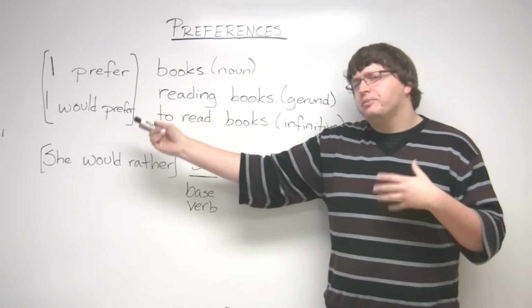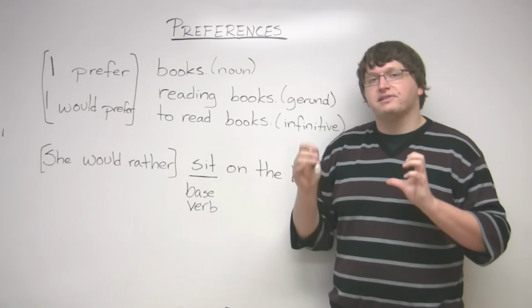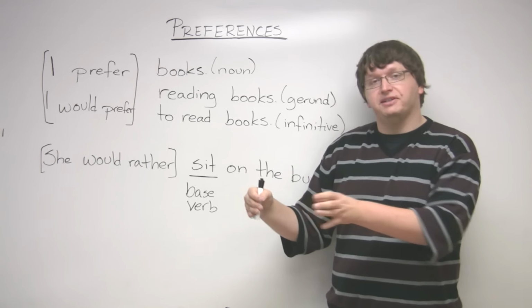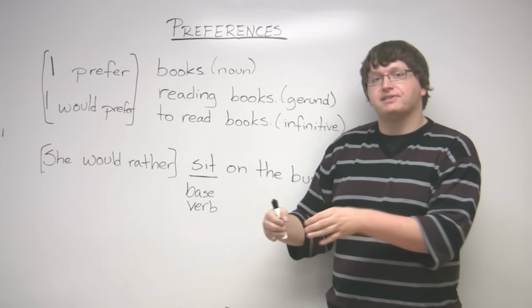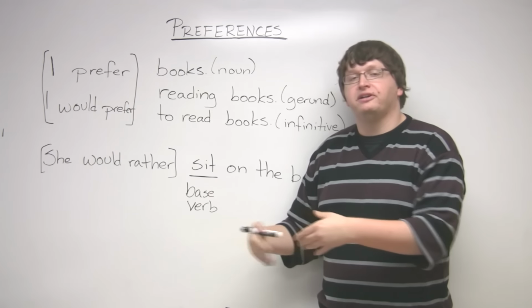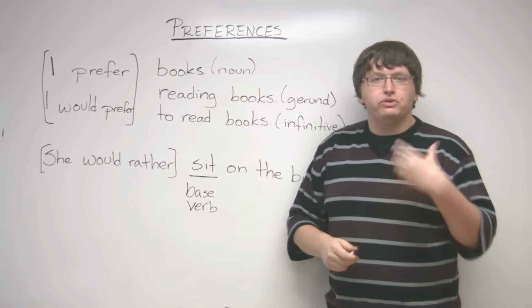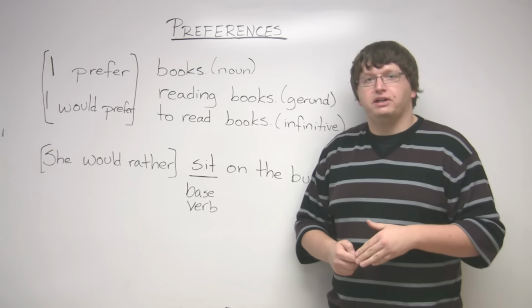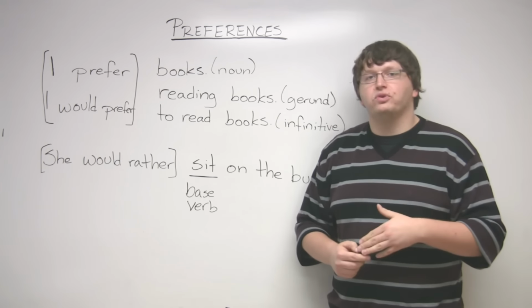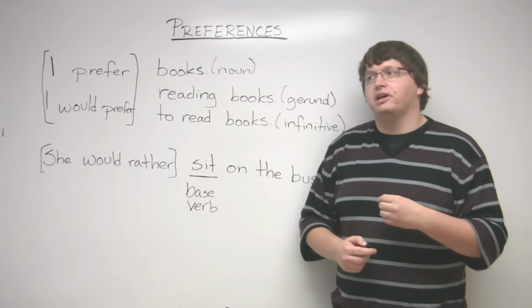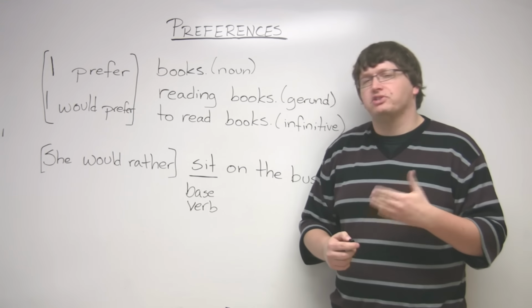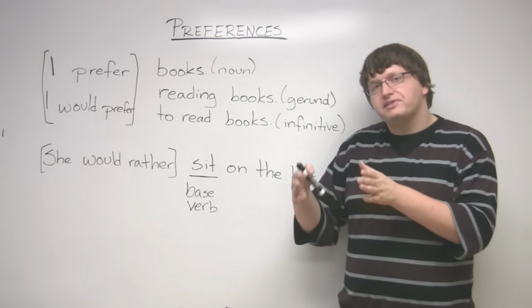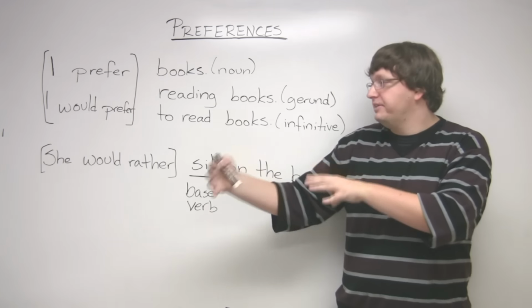When you say I would prefer, it means in this situation, in this instance, I would prefer this. So if you go to a restaurant and the waiter asks you, would you like shrimp or would you like steak? Well, I would prefer shrimp. So in this situation, I would like this.